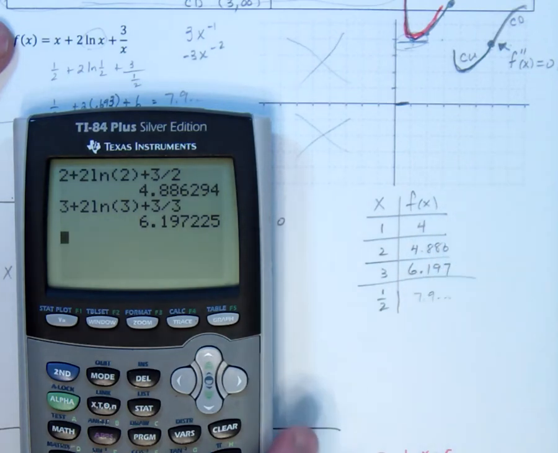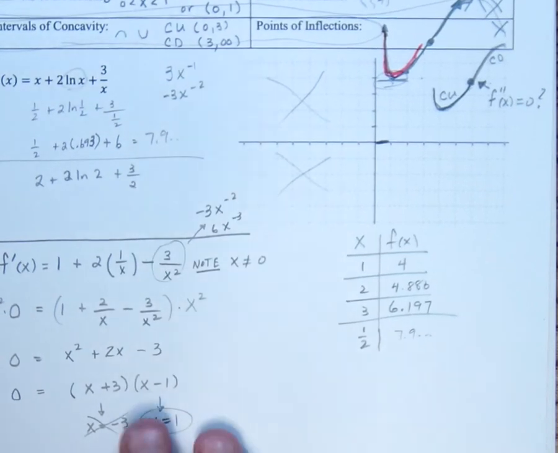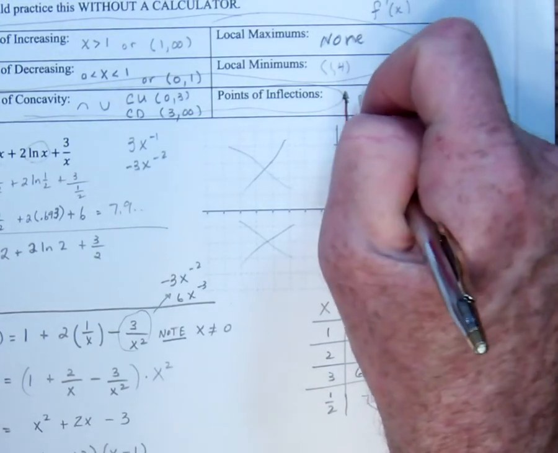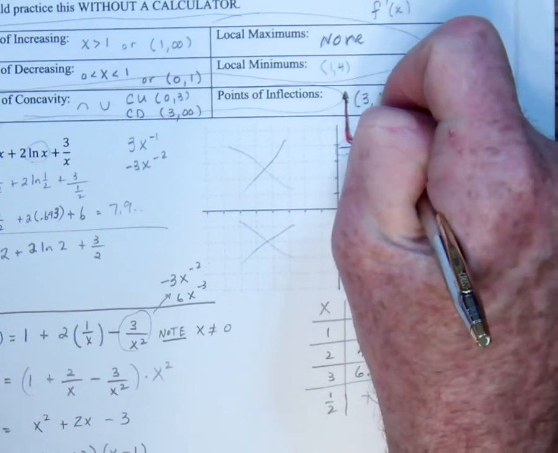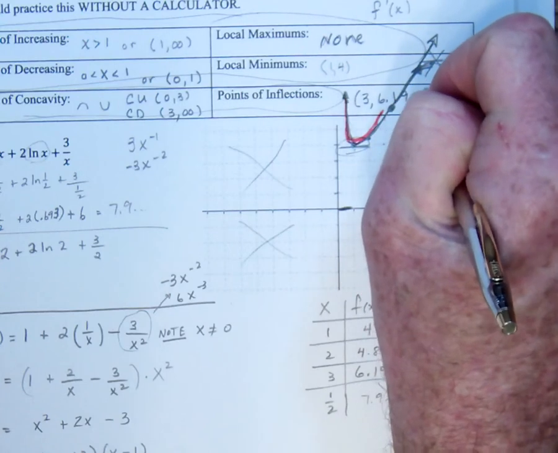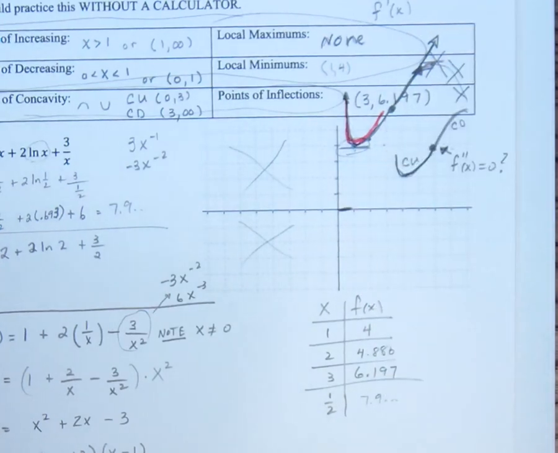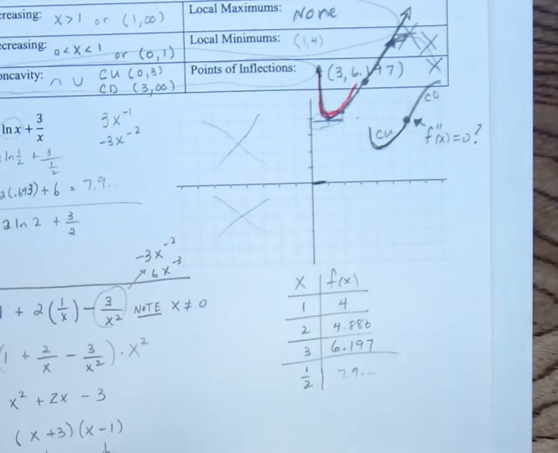That's 6.197. And last, that's the point of inflection. My paper is getting a little bit messy right here, but it's 3, 6.197. There's the point of inflection. All right, that was number 3, and then on to the last page.